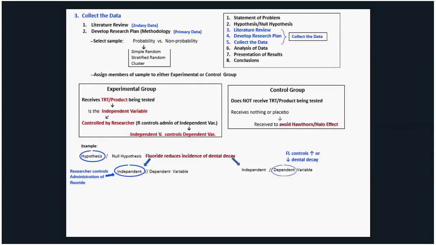We may end up with, we say that fluoride reduces the incidence of decay, and then we go through this research and we get a probability level of 0.08. That 0.08, which is greater than 0.05, tells us that there is no statistically significant difference, right?